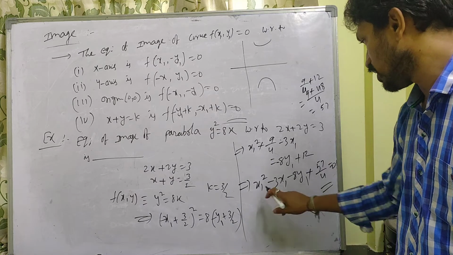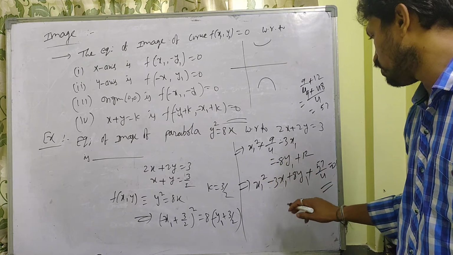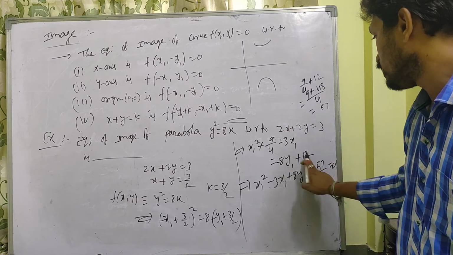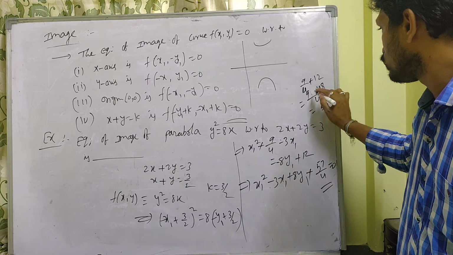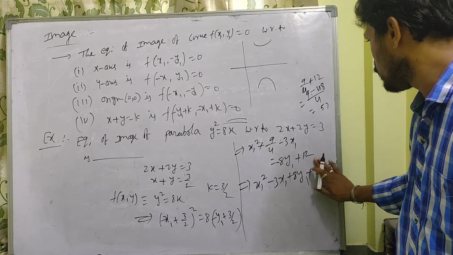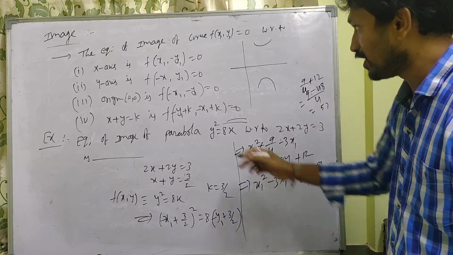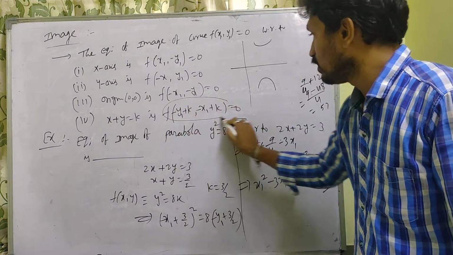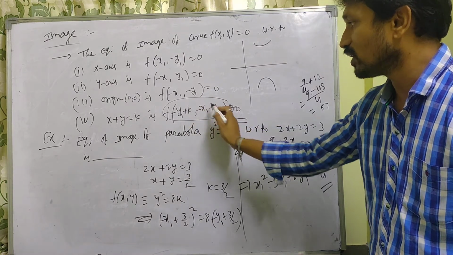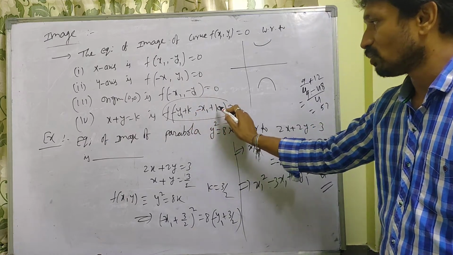Then x1 square minus 3x1 plus 8y1, and here this minus 12 transposed to this side, minus 48. 9 minus 48 by 4, that is nothing but minus 39 by 4. So this is the answer. Sorry, by mistake I have written it; k minus y1, k minus x1 is the correct answer, not y1 minus k, x1 minus k.